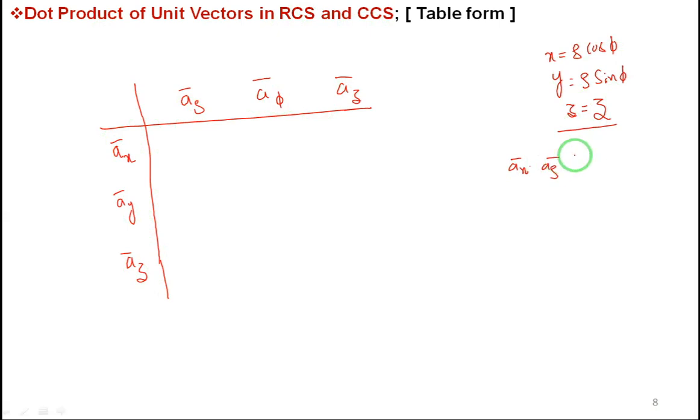By geometry also I can calculate and write it. Blindly I will tell you first. We know that x equal to rho cos phi, so the coefficient of rho is cos phi. How cos phi will come I will tell you. I will not tell it for all, I will just draw the diagram and explain how, if I take the dot product of ax and a rho, cos phi will come.